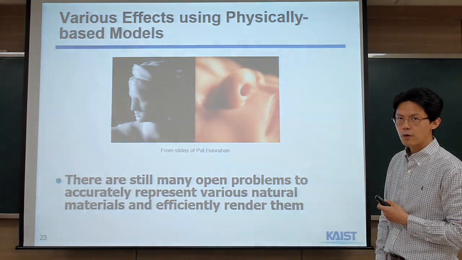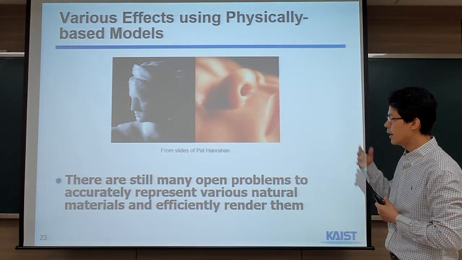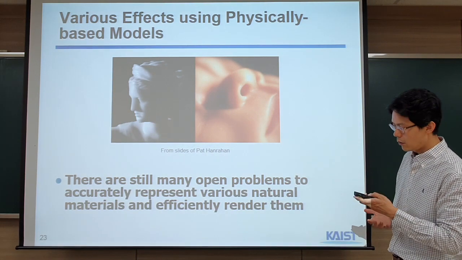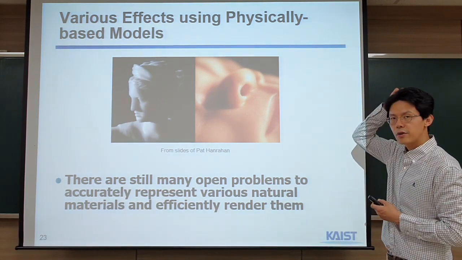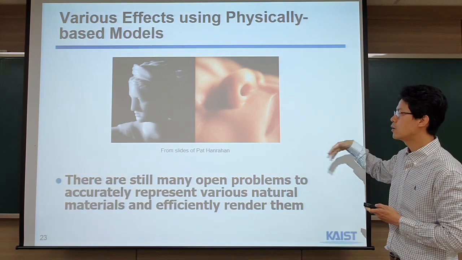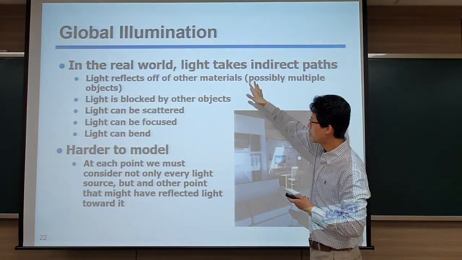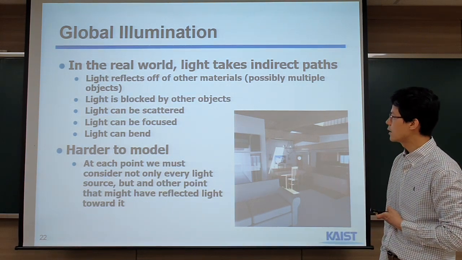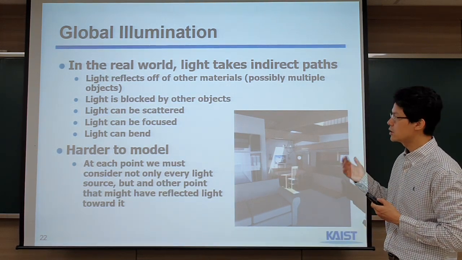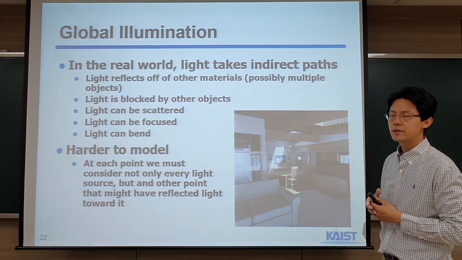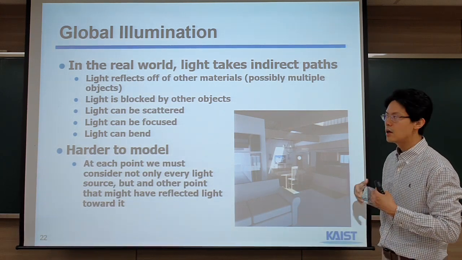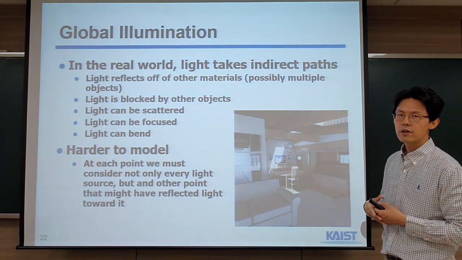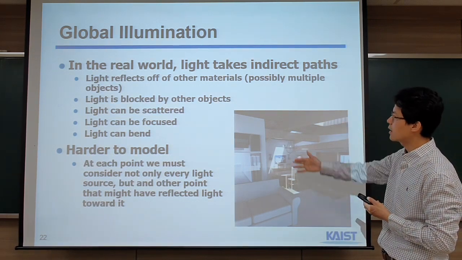If you're interested, I recommend you go over those and think about how we can support them in an efficient way. Along that line, we will talk about ray tracing later on. Based on ray tracing, we can support this kind of phenomenon in a rather simple way, but it could be very slow. The low performance of ray tracing is one of the main issues, but there is growing research attention on accelerating global illumination.